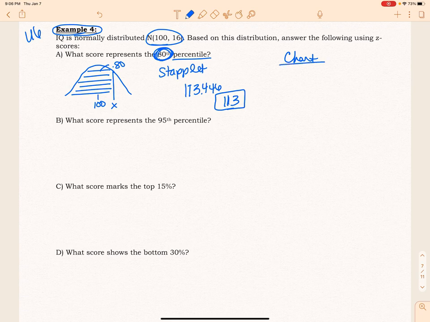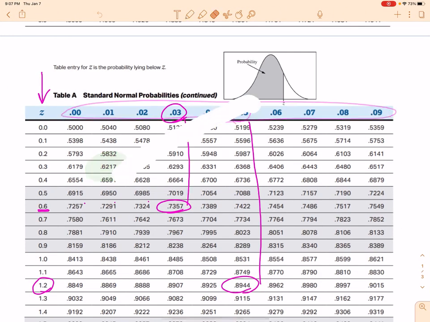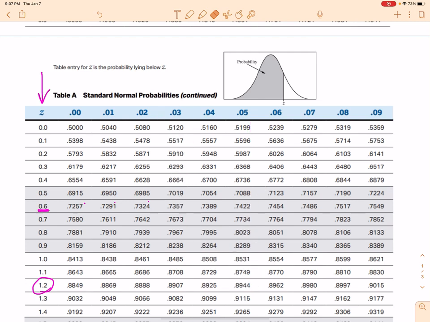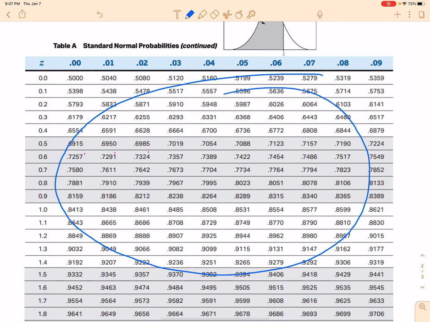All right, and with the chart, this one gets kind of tricky because it's all estimation. So the 80%, normally we would use the chart in the other way. We would be using the z-score to find the area. But this time, we're going to have to backtrack. So remember, all these values in here, this part of the chart, these are all the values for area.